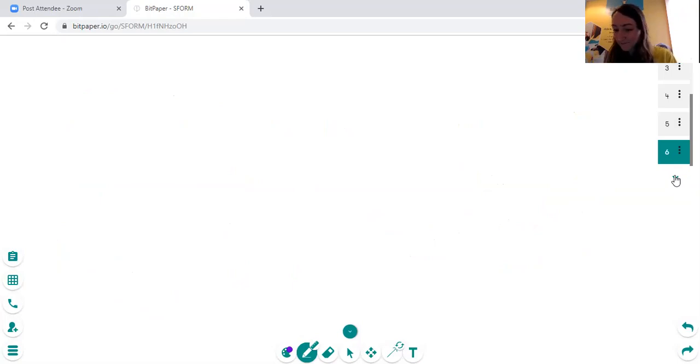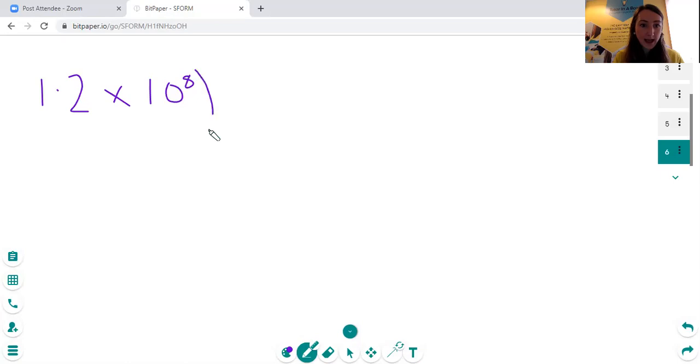So let's get, okay, so 1.2 times 10 to the power of 8, let's do. And this is going to be divided by 2 times 10 to the power of 4.